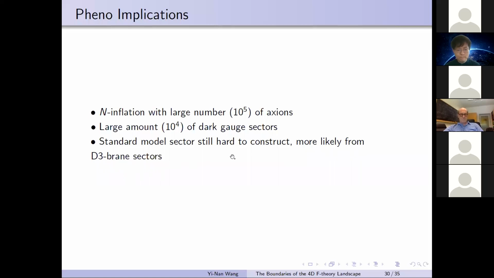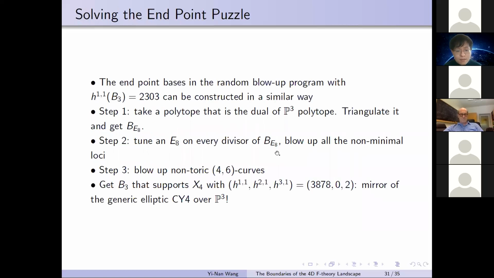Okay. So that is for this geometry. And as I have mentioned before, there is this endpoint puzzle in the random blow-up program. So surprisingly, we can also explain that puzzle in a similar way. The particular endpoint base in the random blow-up program with this particular Hodge number can be constructed in a completely similar method.